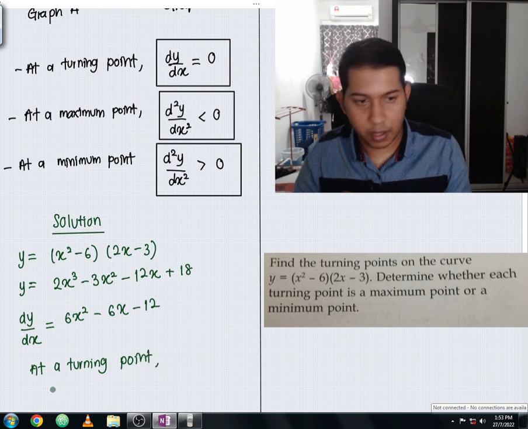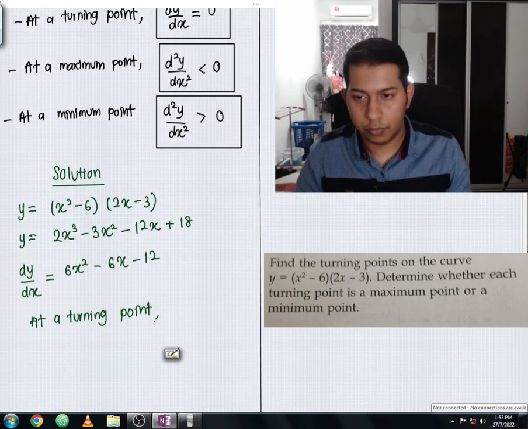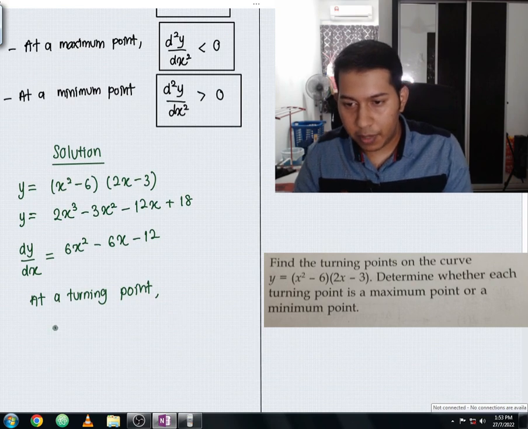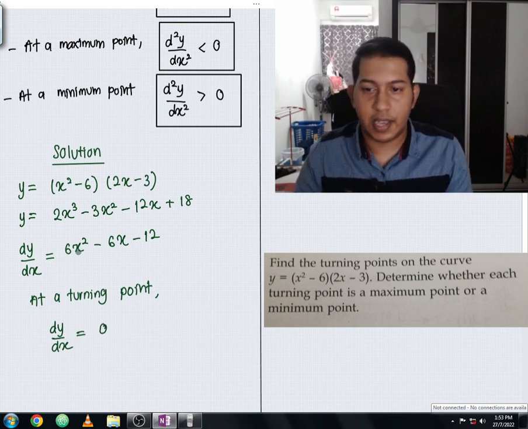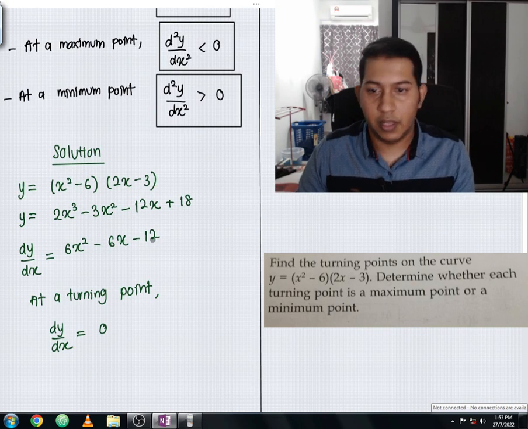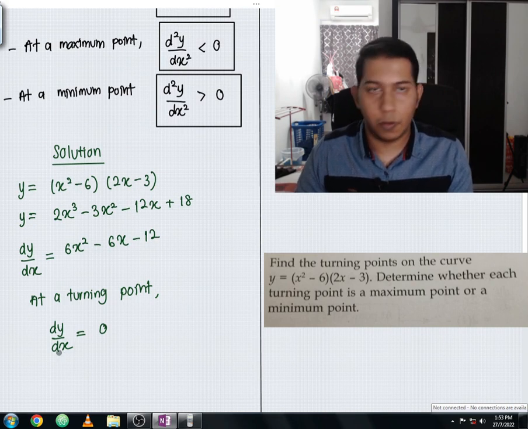So you write down in the working, at the turning point, dy over dx equals 0. dy over dx we already found is 6x squared minus 6x minus 12, so you just substitute this expression over here.